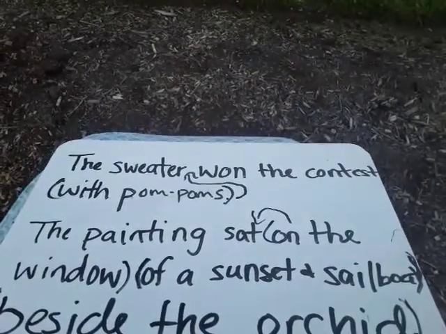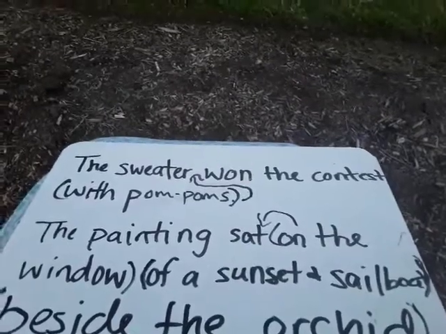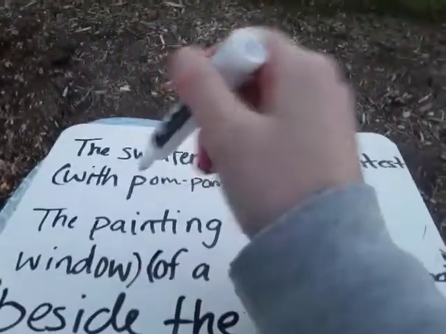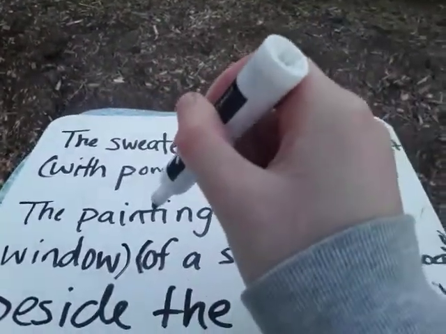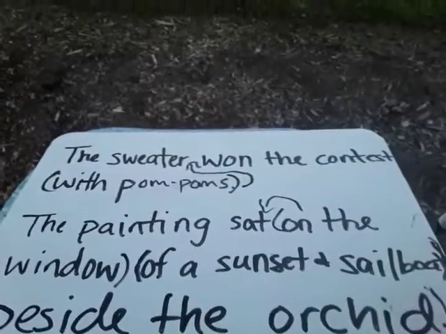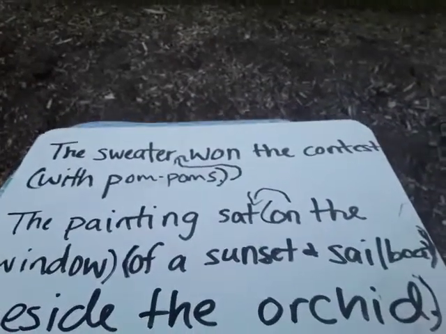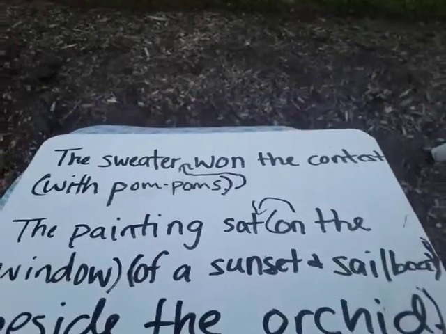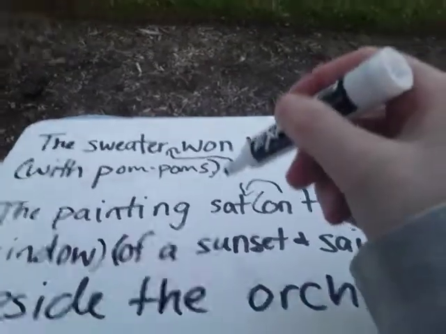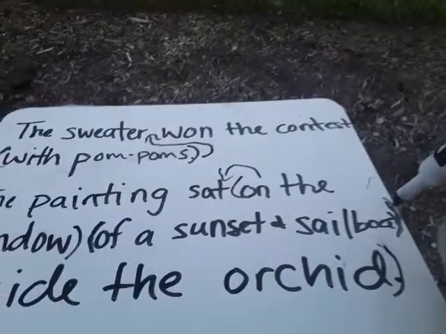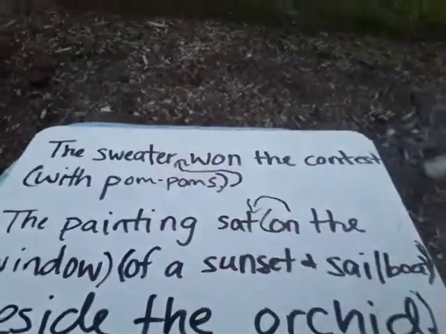I've never seen a window made of a sunset and a sailboat. And probably you haven't either. So, of a sunset and sailboat should be describing which word? And if you said painting, that's right. The painting of a sunset and sailboat sat on the window.